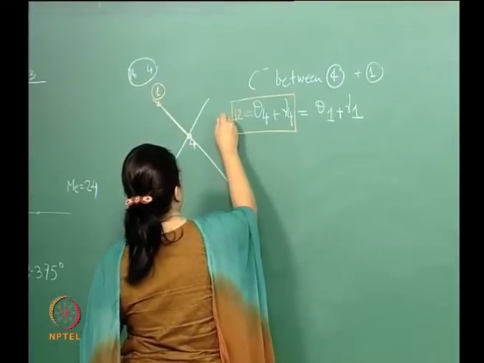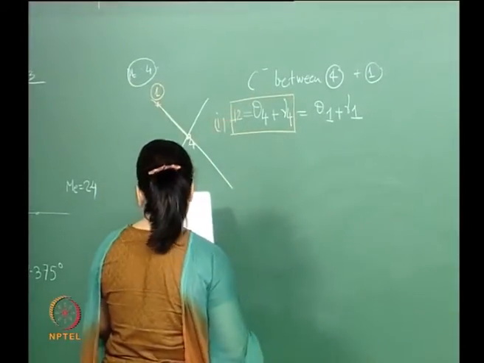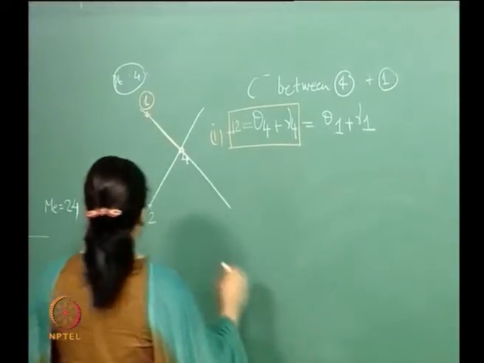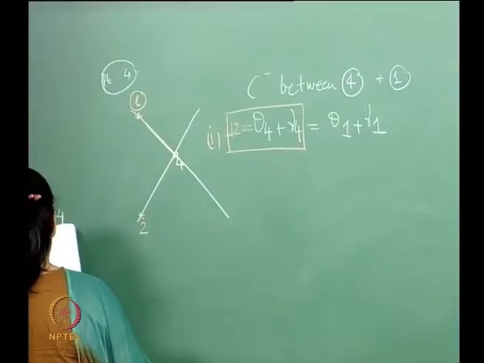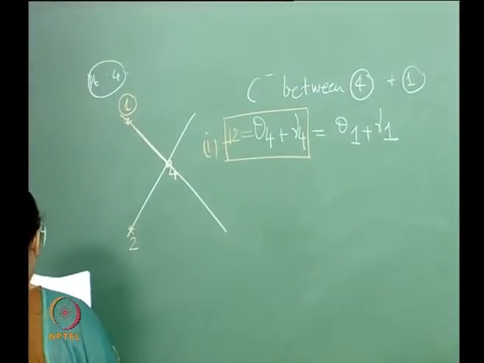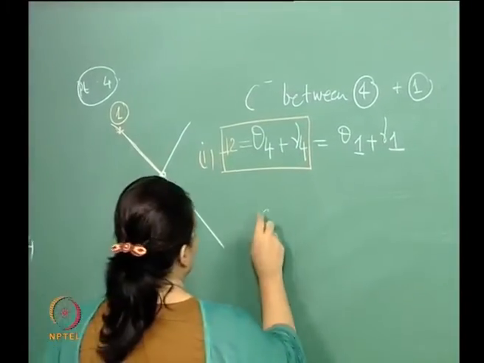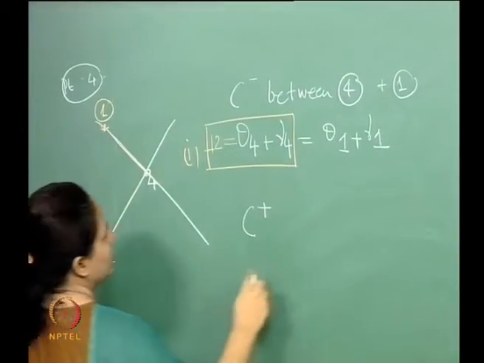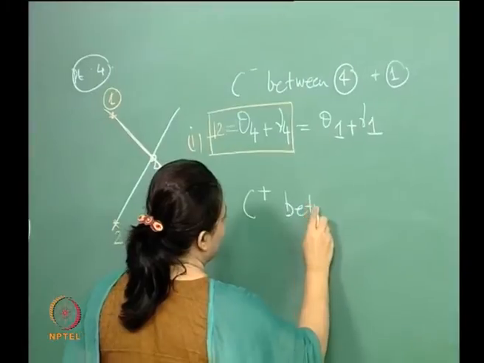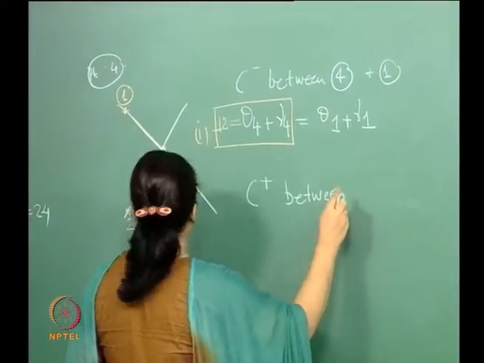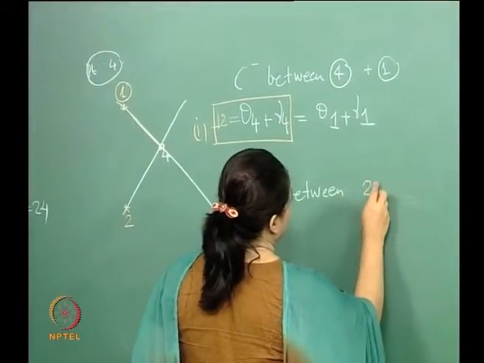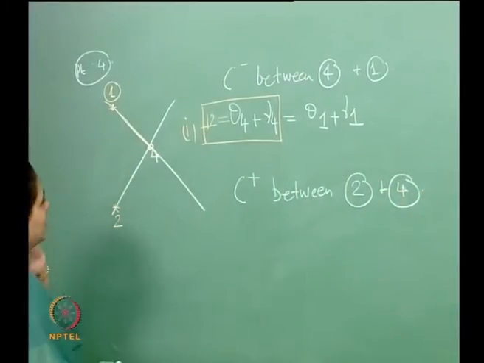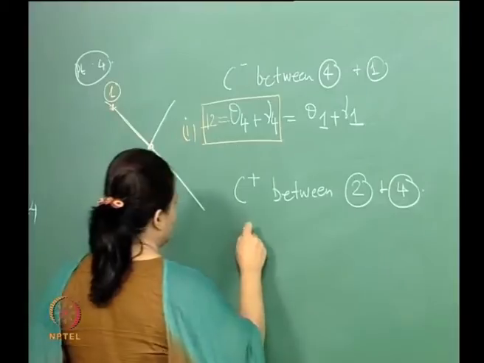So let's again call this as 1, and again what we will do is take 2 and 4. So it is C plus. Now we are going to look at the right running characteristic C plus between 4 and 2 basically, right.